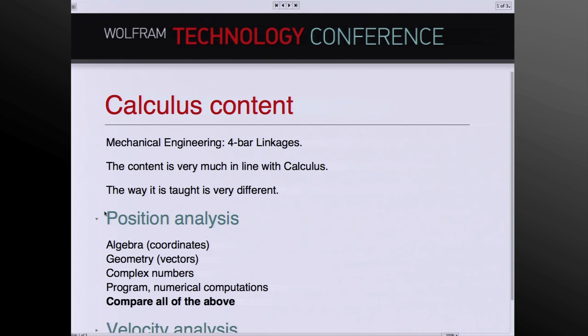And then in the next section, they solve exactly the same problem using geometry, using vectors, vector operations, vector analysis. And then in the next section, they solve exactly the same problem using complex numbers. In the next section, they make students program and solve the problem numerically. And then the next section is a discussion of those methods, a comparison of methods.